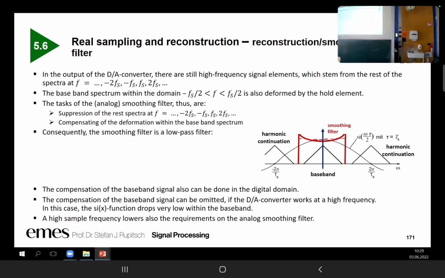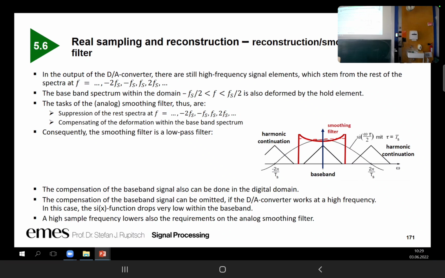But these pulses do not contain lots of energy in the real world. That's the reason why we use this hold element also for the conversion of the digital signal to the analog signal. Then the output of our digital analog converter is a staircase function.